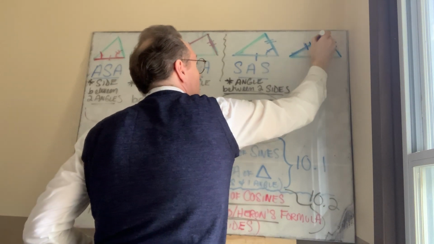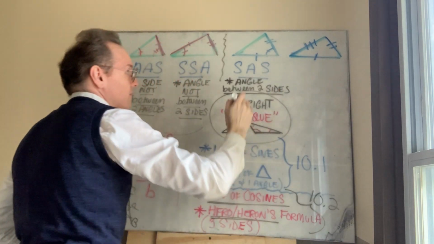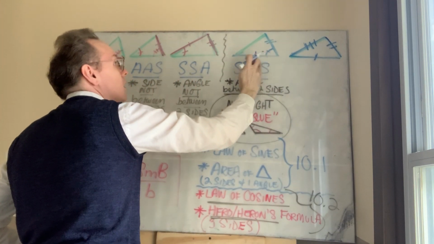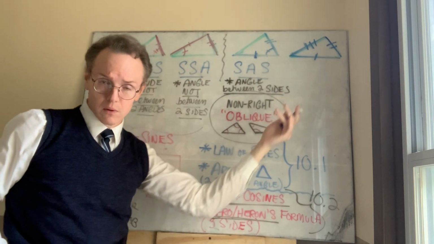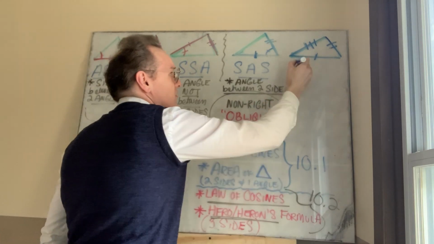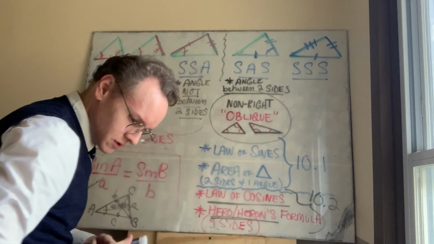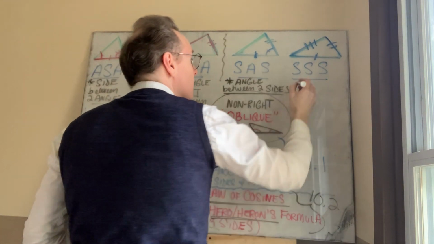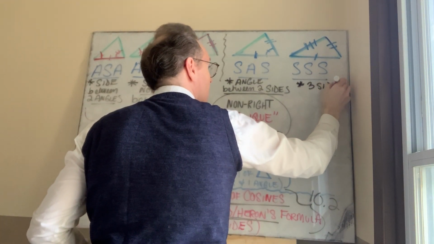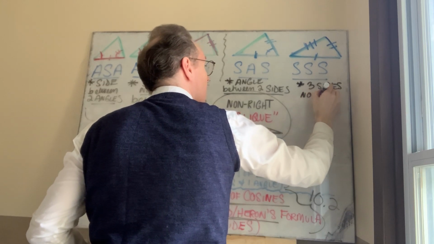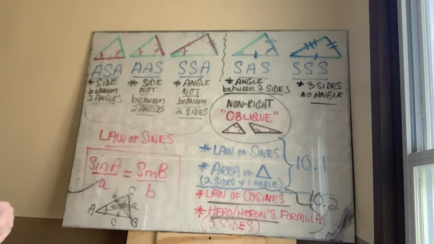I'm putting these tick marks just to indicate that, ideally, they don't have to be, I suppose, but three distinct measurements, whatever number they are. In this case, it is side, side, side as the abbreviation. This is three sides, no angle given.